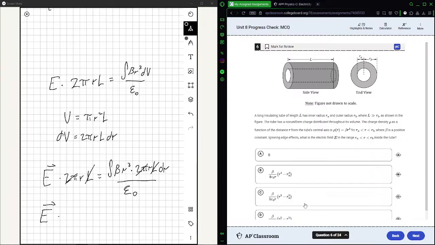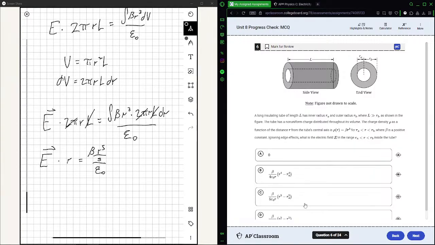So E times little r is equal to beta r to the 5th over 5 over epsilon naught. Let's see if this is correct first.